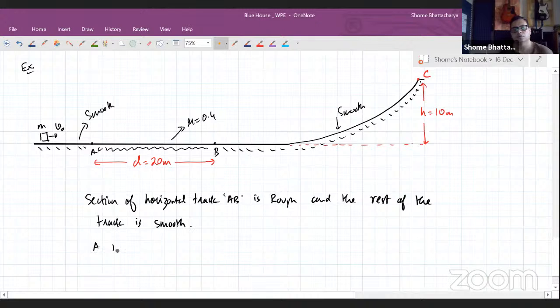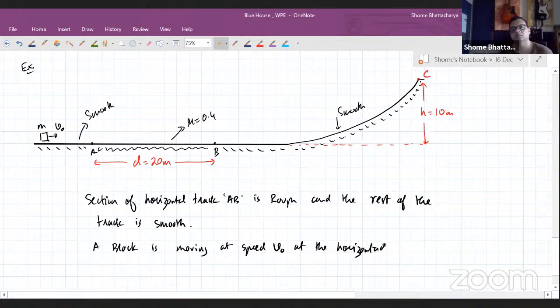So a block is moving at speed v naught on the horizontal track before the point A as shown.